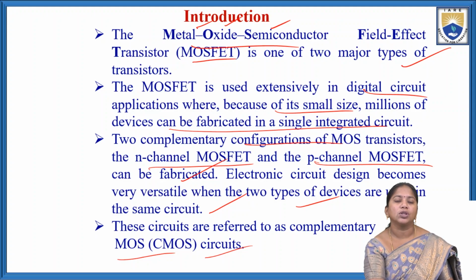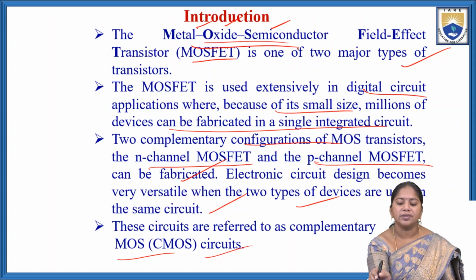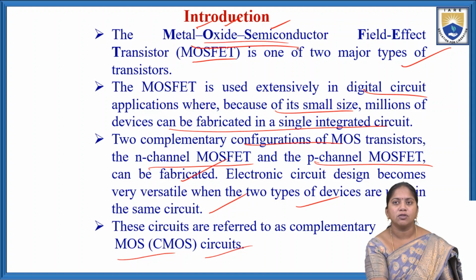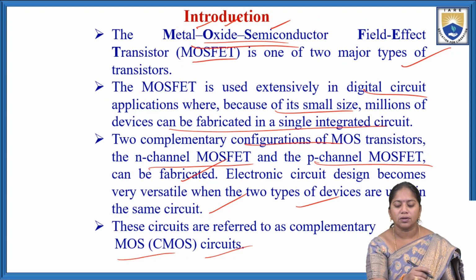MOS means M for metal, O for oxide, S for semiconductor. The metal oxide semiconductor field effect transistor is one of the two major types of transistors. The MOSFET is used extensively in digital circuit applications because, owing to its small size, millions of devices can be fabricated in a single integrated circuit.